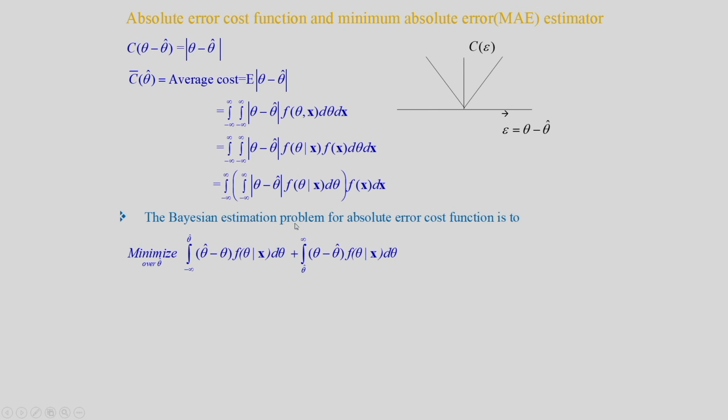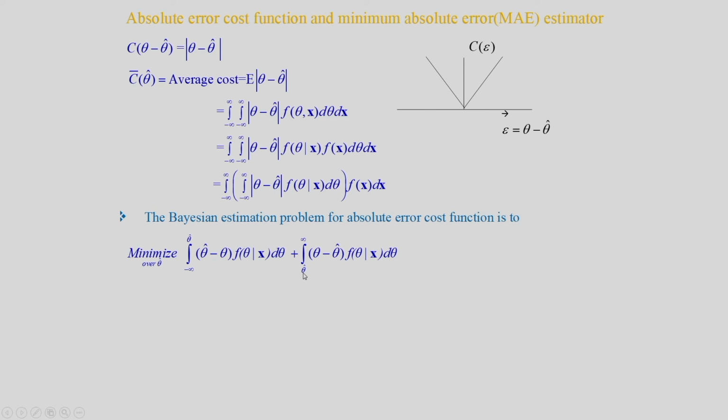Thus, the Bayesian estimation problem for the absolute error cost function is to minimize over theta hat the integration from minus infinity to theta hat of theta hat minus theta, f of theta given x d theta. This is one part, and the other part is from theta hat to infinity of theta minus theta hat into f of theta given x d theta.